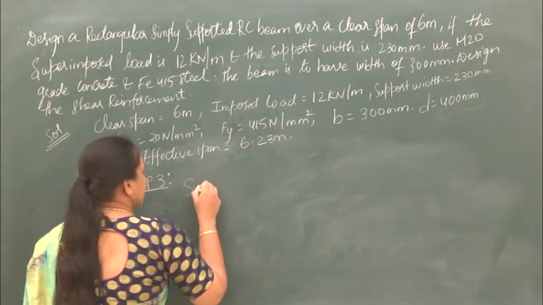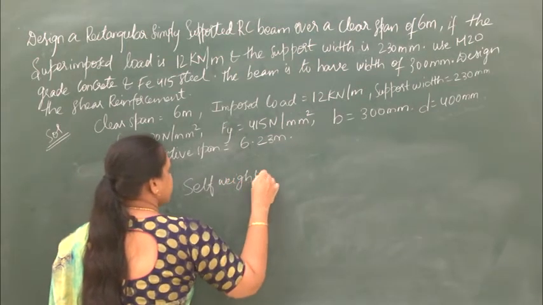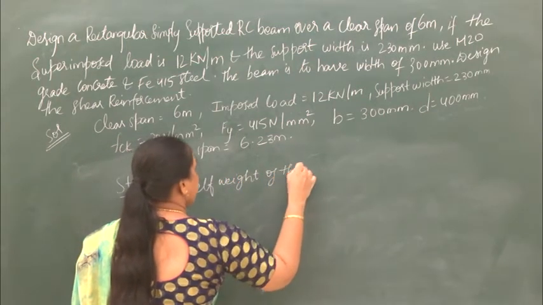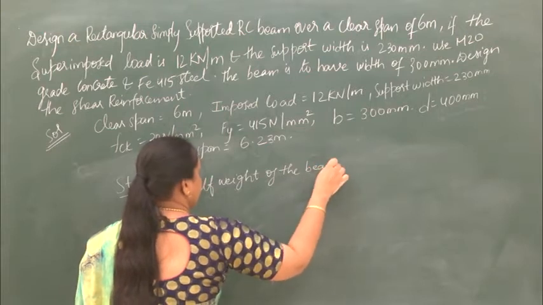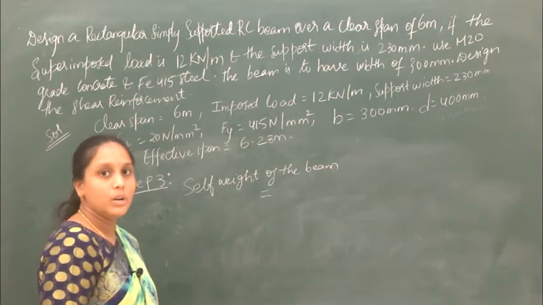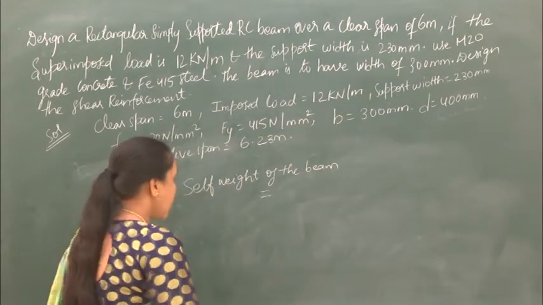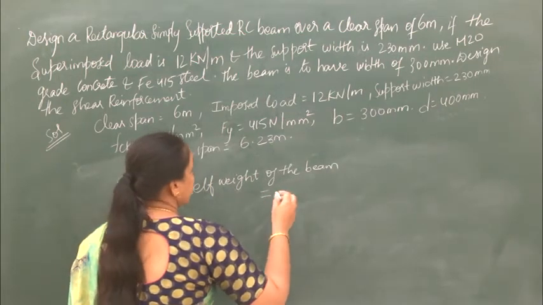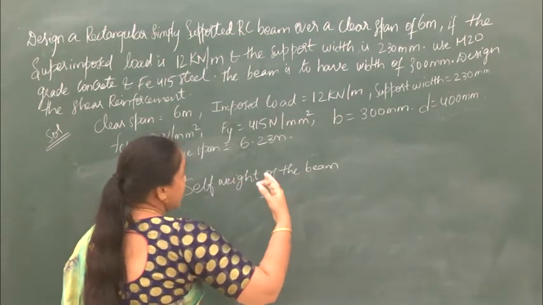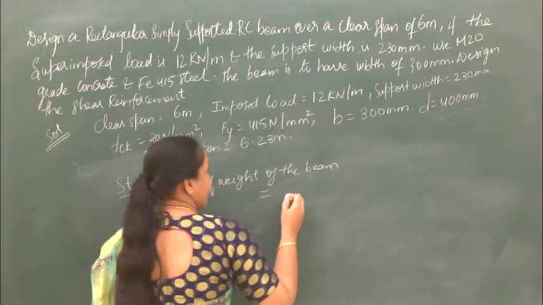So let us calculate the self weight of the beam. It is B into D into the unit weight of RCC. B is nothing but the breadth of the beam, which is already given in the question as 300 mm.